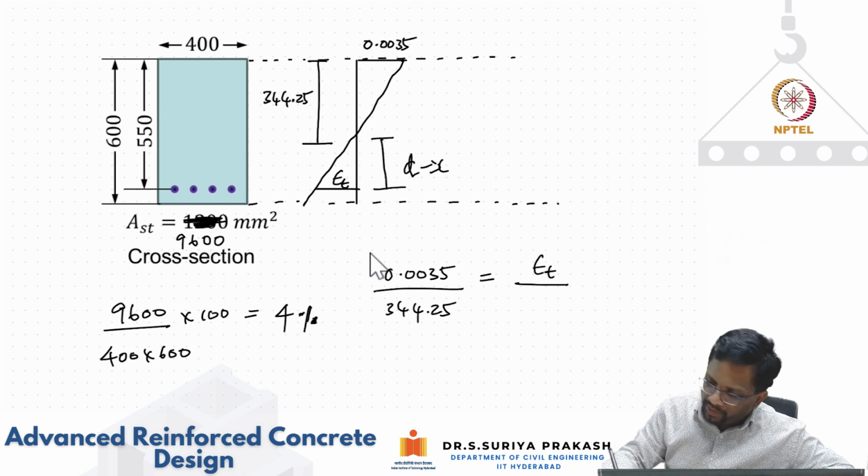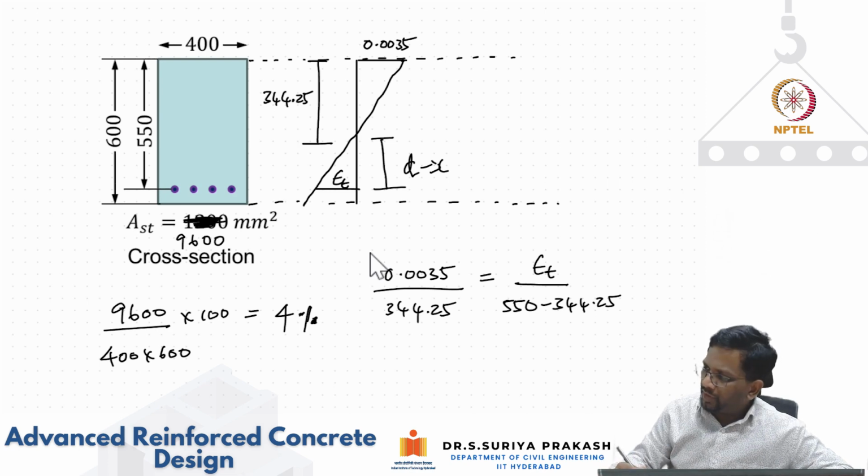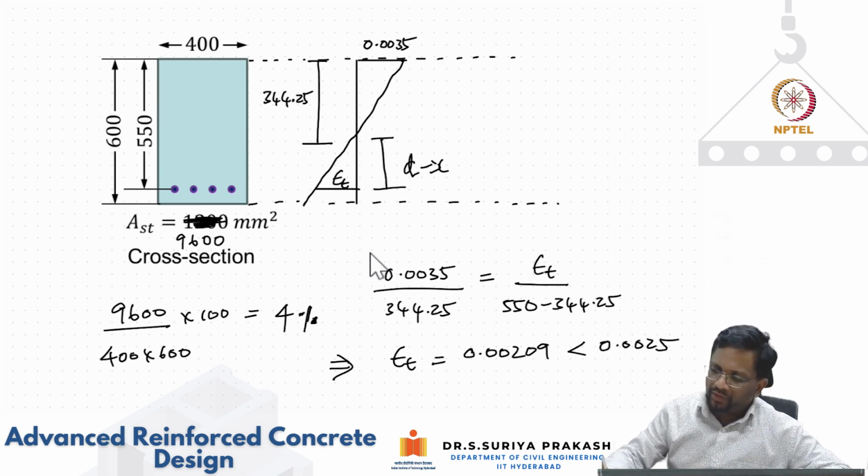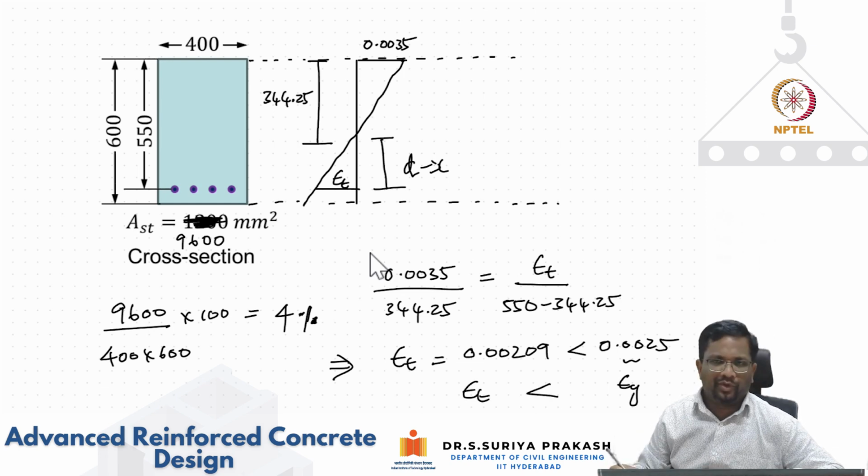So it is 550 minus 344.25. If you do that, you get epsilon t equal to 0.00209, which is less than 0.0025. This is your epsilon y. So we can say that epsilon t is less than epsilon y.